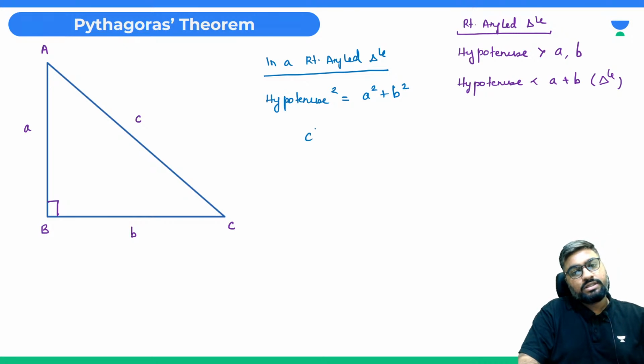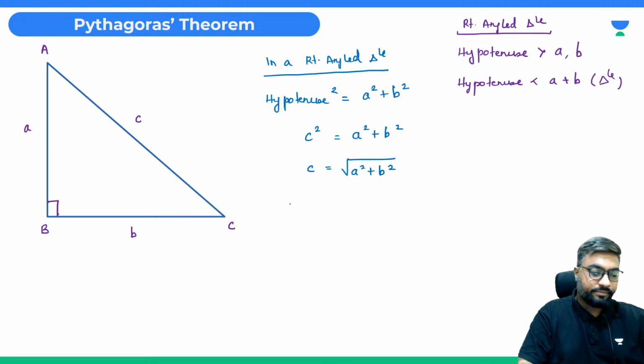Yes, so c square should be equal to a square plus b square, or c becomes equal to square root of a square plus b square. Clear? C क्या है? Third side will be square root of a square plus b square.